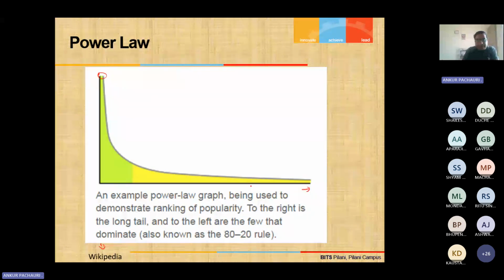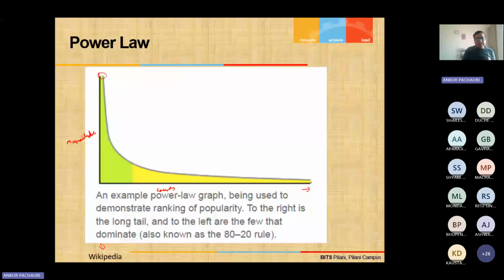So if this is my count and this is some magnitude, there are very few values having the highest magnitude, and a large number of values having lower magnitude. That is a power law.